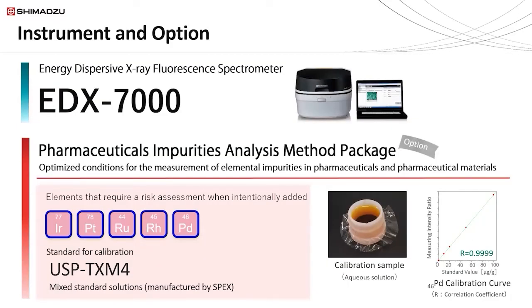Okay, so Shimadzu offers a software package that is named, for lack of better words, the Pharmaceutical Impurities Analysis Method Package. All the data that I'm going to show you was collected using this methods package.